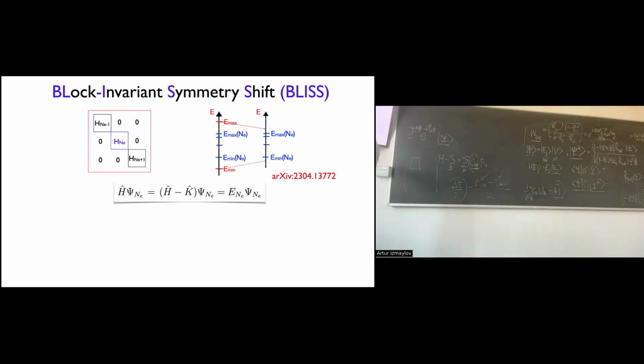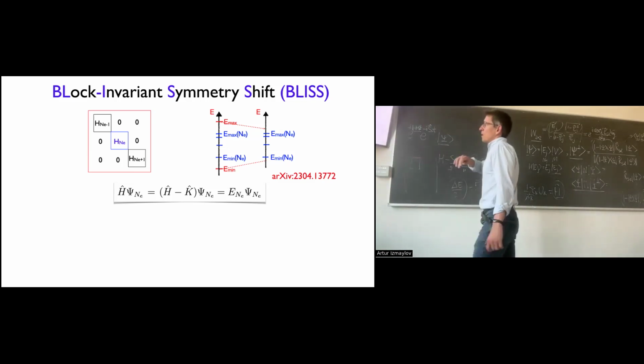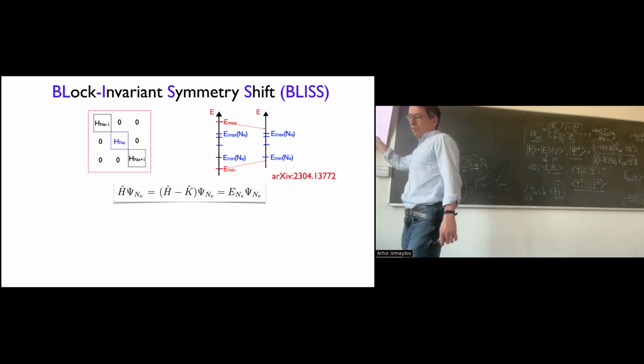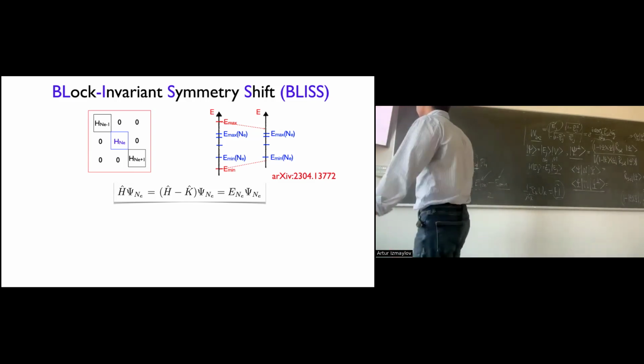So what this killer operator will do is, if it meets a function with the right number of electrons, it just creates a zero, right? So it kills the function, and then lets the Hamiltonian act on it, and the result will be the same as if there was no killer, right? But for functions from outside of the right number of electrons, this killer, of course, will modify the action of the Hamiltonian.